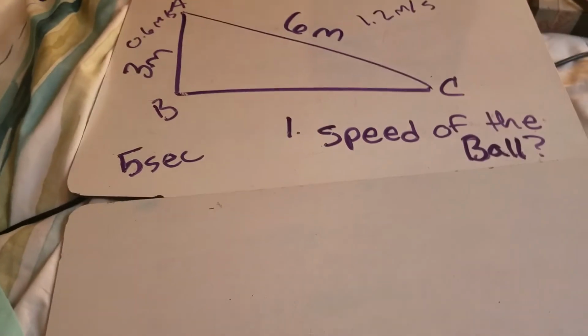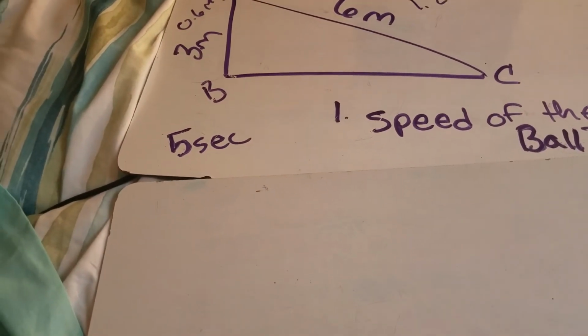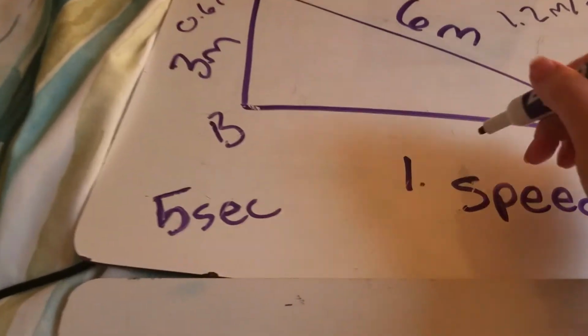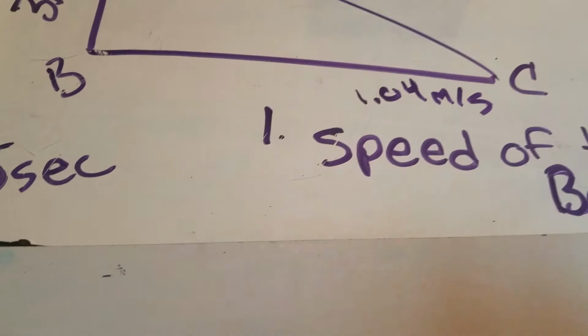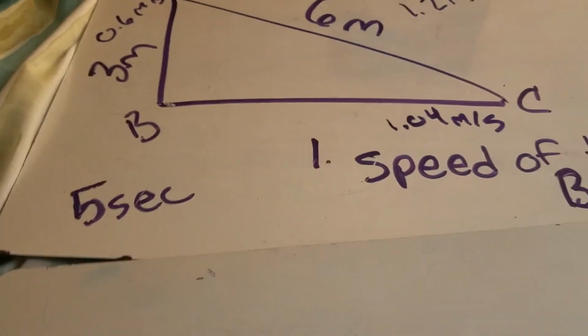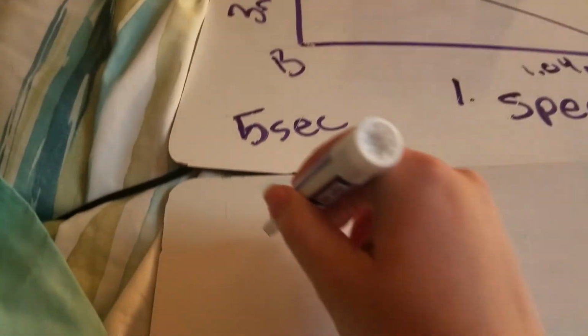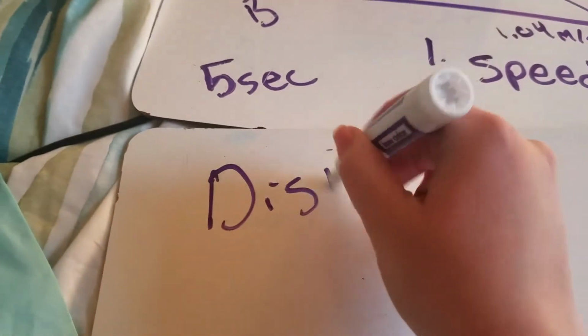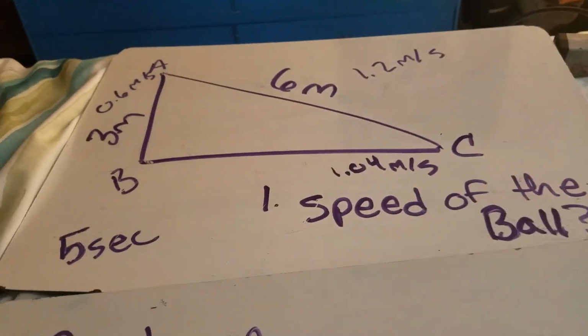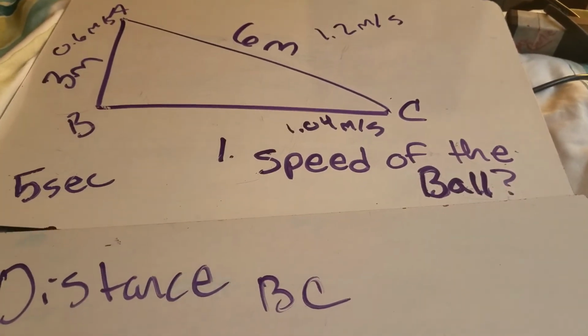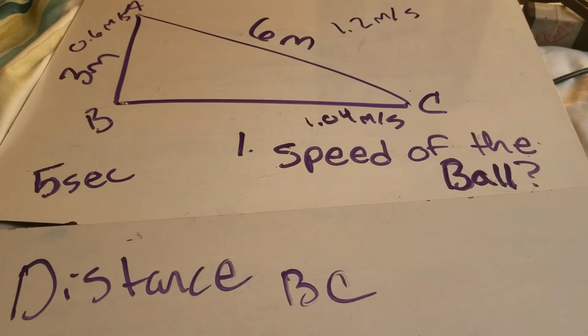So I have all this information here. And I'm going to write down, we had the 1.04 meters per second here for our speed. What is now the distance between B and C? I never gave you the distance between B and C. So how can I figure out distance?